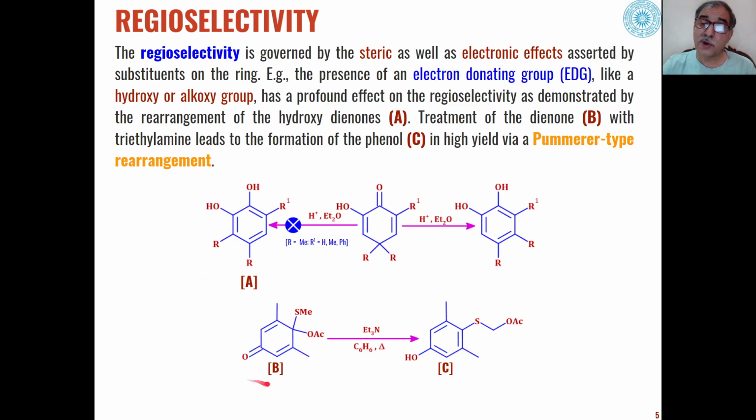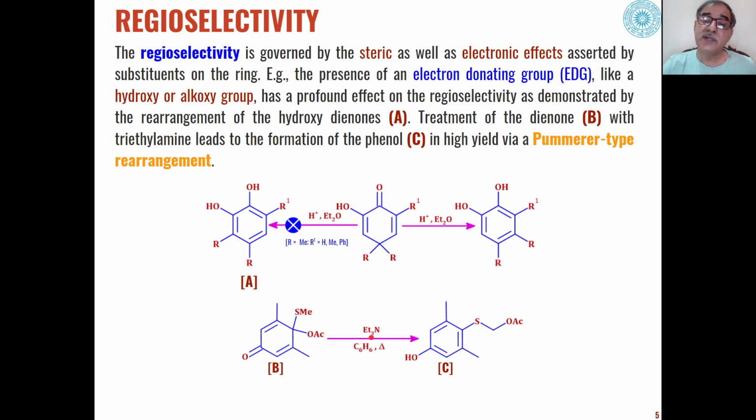Although the substrate and products are the dienone and phenol only, here this group, instead of migrating in the ring, will migrate towards the methyl of this ester, this sulfide molecule.